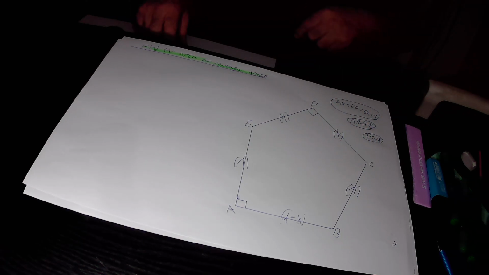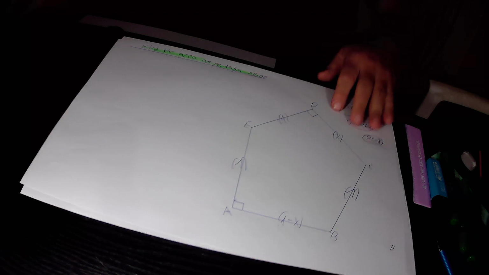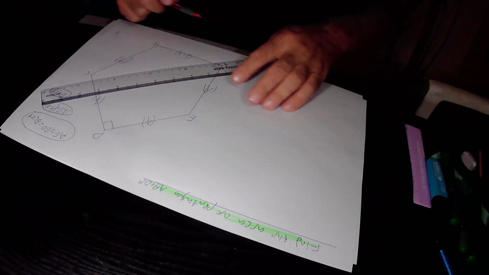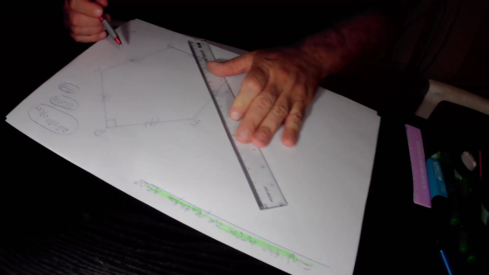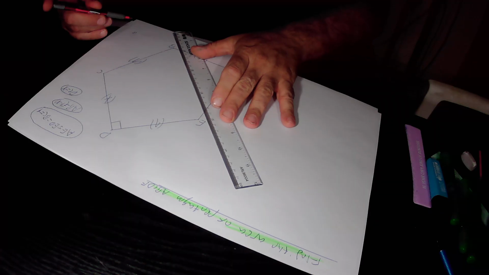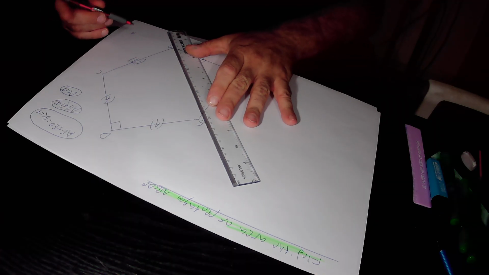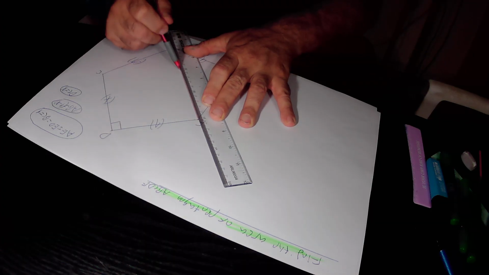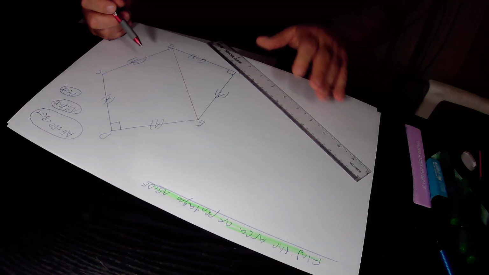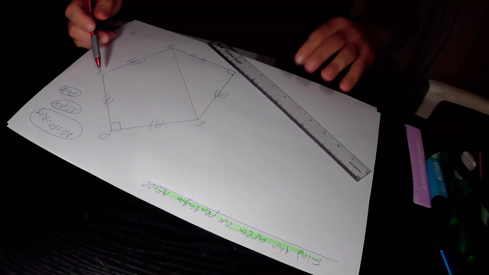So first of all, we join points E and B together by a straight line. And we join points E and C together by a straight line.